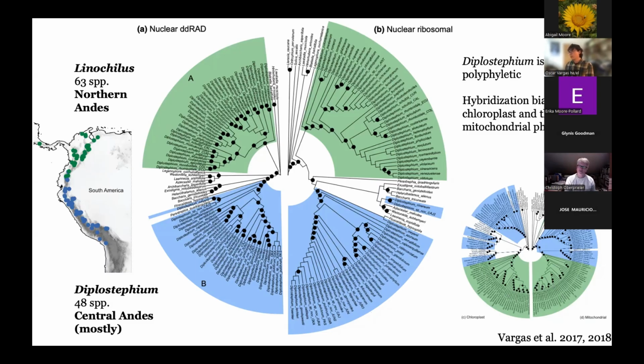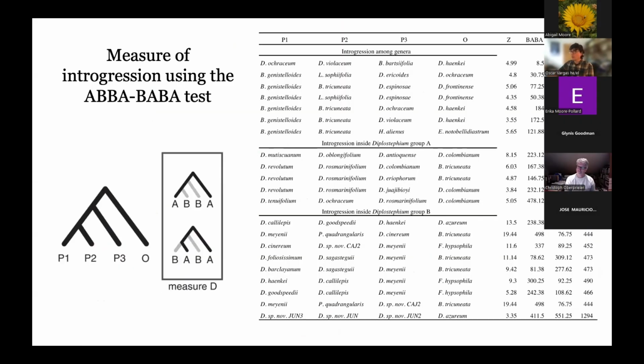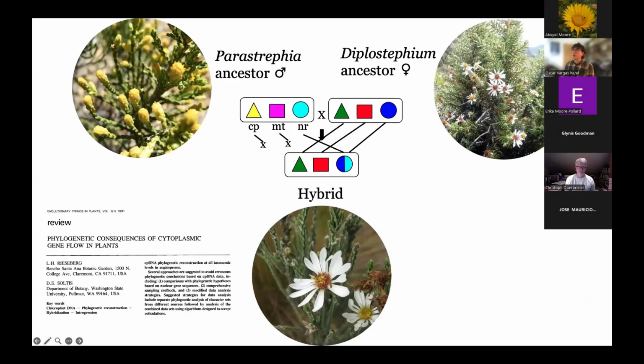What I came to the conclusion of is that there is so much hybridization here that is recent, and also there was ancient hybridization, that we cannot really believe the chloroplast and the mitochondrial phylogeny anymore. Because when we have hybridization, we know that the mitochondrial and the chloroplast genome are inherited only from one of the parents. So the hybrid is just going to have one of the signals for these genomes, right?